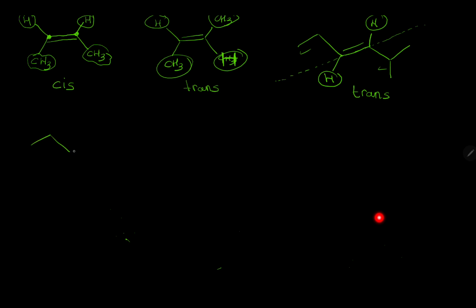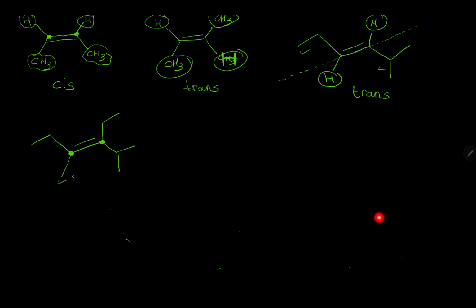Now sometimes you may not have hydrogens. For example, let's say I gave you this compound. Okay. Again, I ask if this is a cis or a trans compound. So step 1, you are looking at this carbon here and at this carbon here, and you are trying to find a group which is common between both carbons.